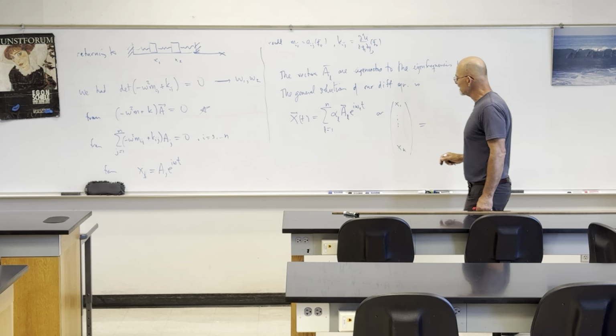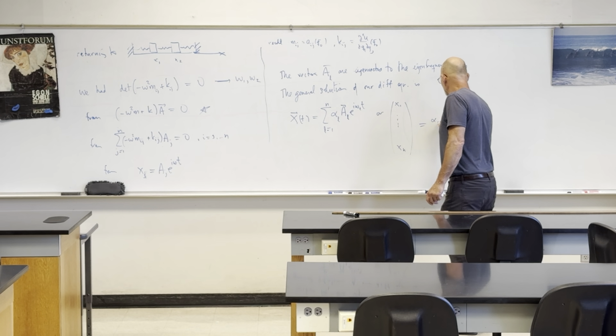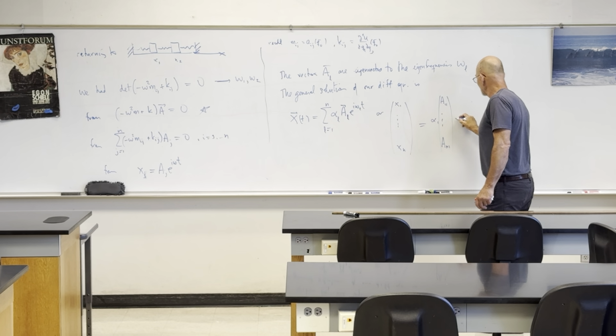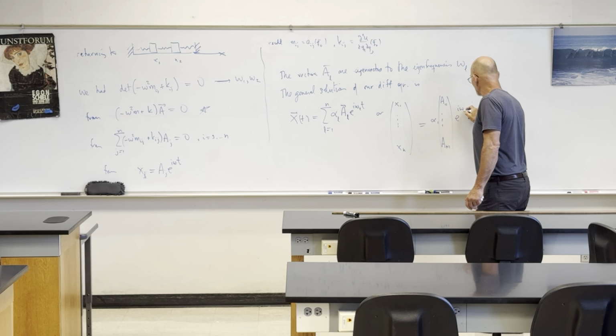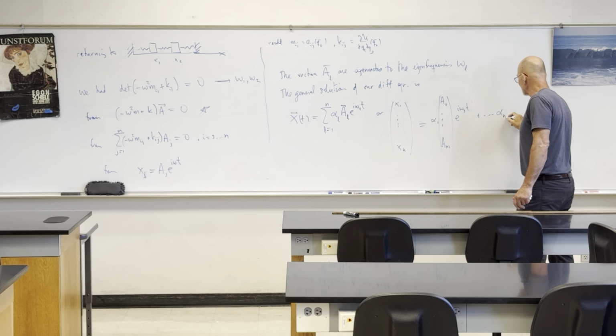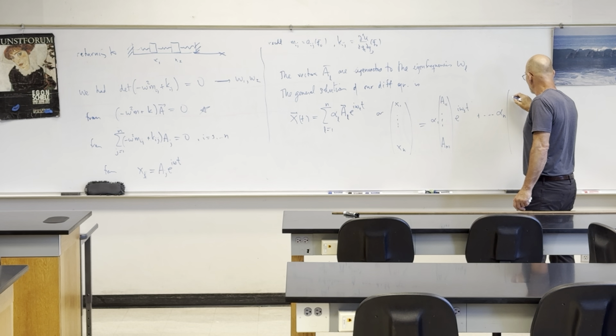We will have alpha sub 1, A sub 1,1, A sub n,1, e to the I omega 1 t, plus all the way here, alpha sub n, A sub 1,n, down to A sub n,n.